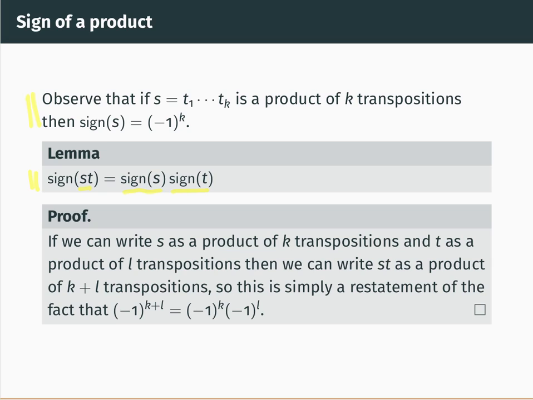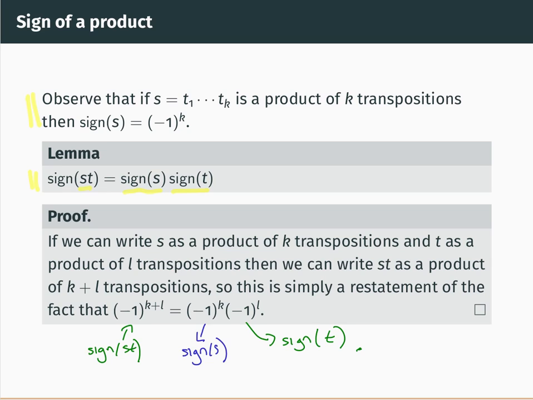So minus 1 to the k, that's the sign of S in this case, and minus 1 to the L, that would be the sign of t. And as we've just written, st is a product of k plus L transpositions. This thing is the sign of st.